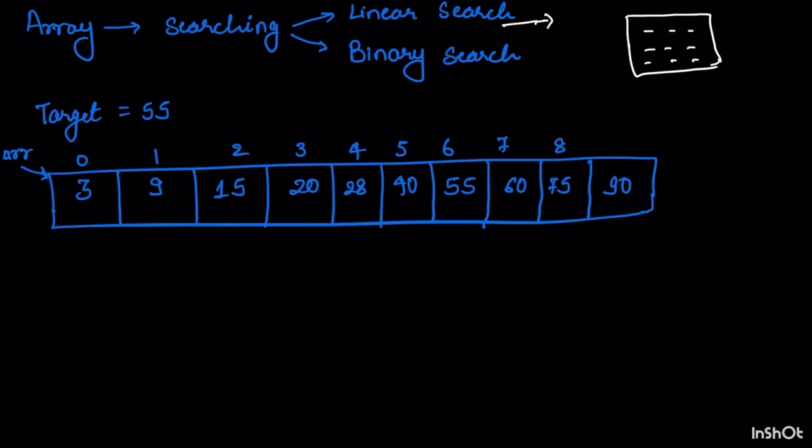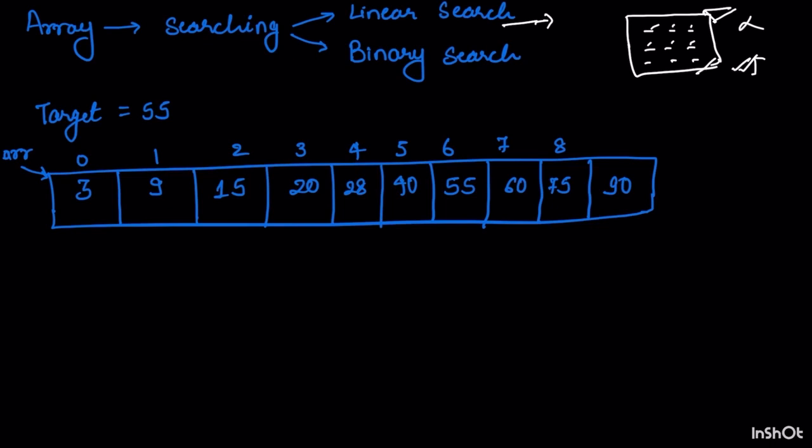Suppose a student has submitted the paragraph, then we have to check if it has qualified our requirement or not. Then what we will do, we will check each word and compare it with tree. If any word is found to be tree, we will say that it is not satisfied. If till the end tree is not found, we will say that it is satisfied. So the same logic we will use in linear search here.